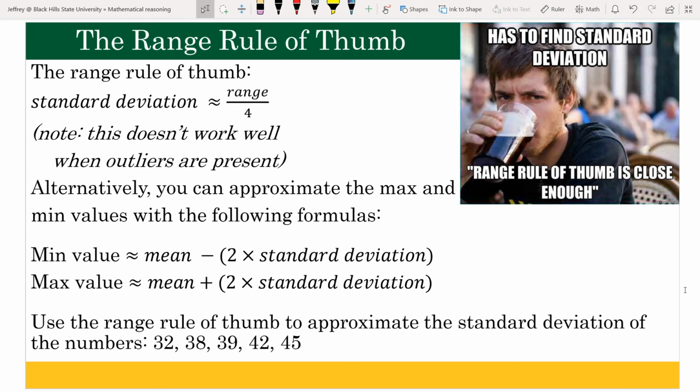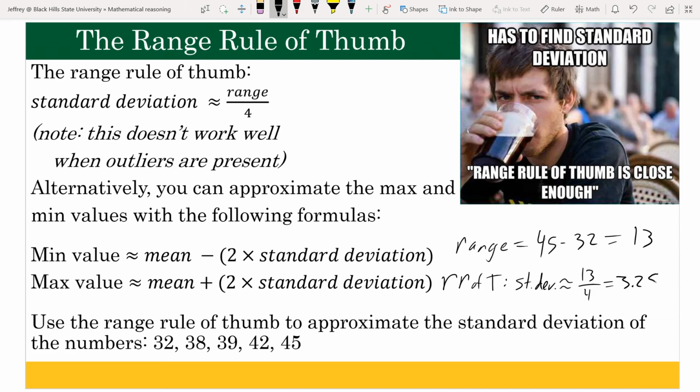For this, we're just going to use the range rule of thumb to approximate the standard deviation for that last data set that we looked at. So we need to first find the range. The range was 45 minus 32. So this ends up being 13. And now with the range rule of thumb, our standard deviation is approximately equal to 13 over 4, which is 3.25.